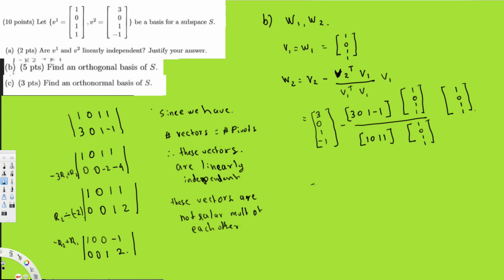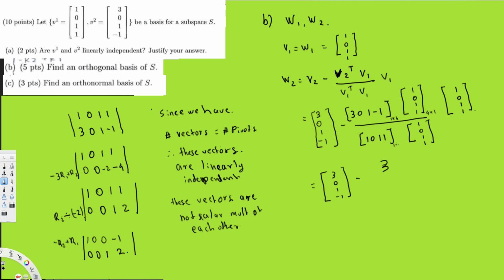Now let's do this one. So 3 0 1 minus 1 minus, this is a 1 by 4 matrix, this is a 4 by 1 matrix. So when we multiply, it means it's a number. So 3 times 1 is 3, 0 times 0 is 0, 1 times 1 is 1, so 3 plus 1 is 4, minus 1 times 1 is 1, 4 minus 1 is 3, so 3 on top.